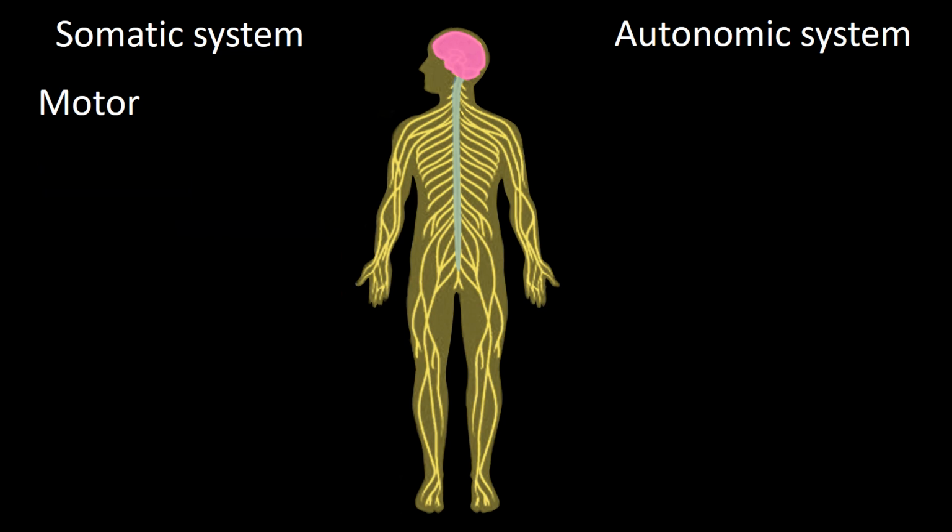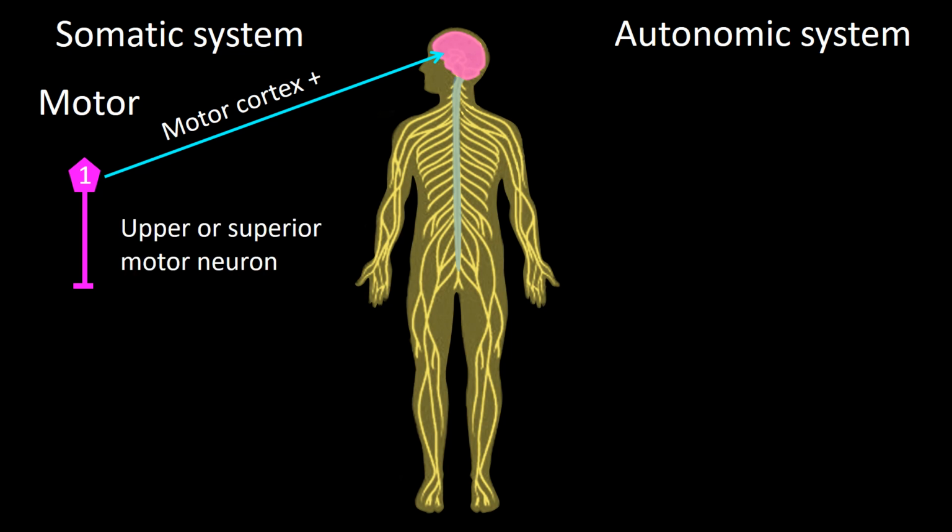So, in this talk, we will limit the term motor arm of the somatic system to two neurons and the aforementioned muscle type. The first of these neurons is in the motor cortex and surrounding cortices. This neuron is called the upper or superior motor neuron.